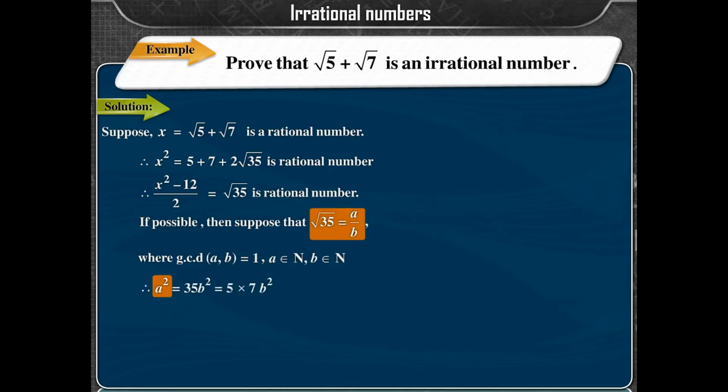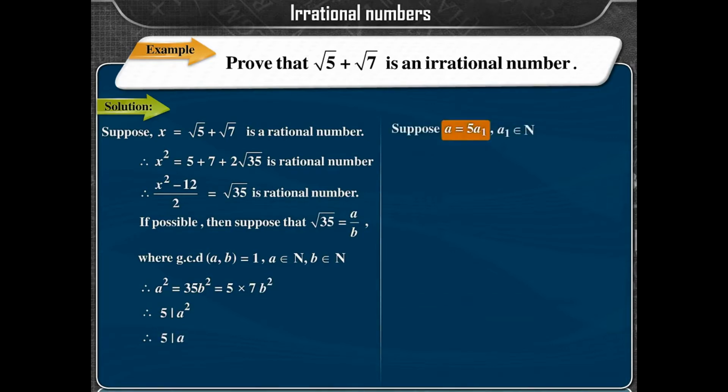Therefore, a squared is equal to 35 b squared, which is equal to 5 into 7 b squared. Therefore, 5 divides a squared. Therefore, 5 divides a. Suppose a is equal to 5 a1, a1 belongs to N. Therefore, 25 a1 squared is equal to a squared, which is equal to 35 b squared. Therefore, 5 a1 squared is equal to 7 b squared.